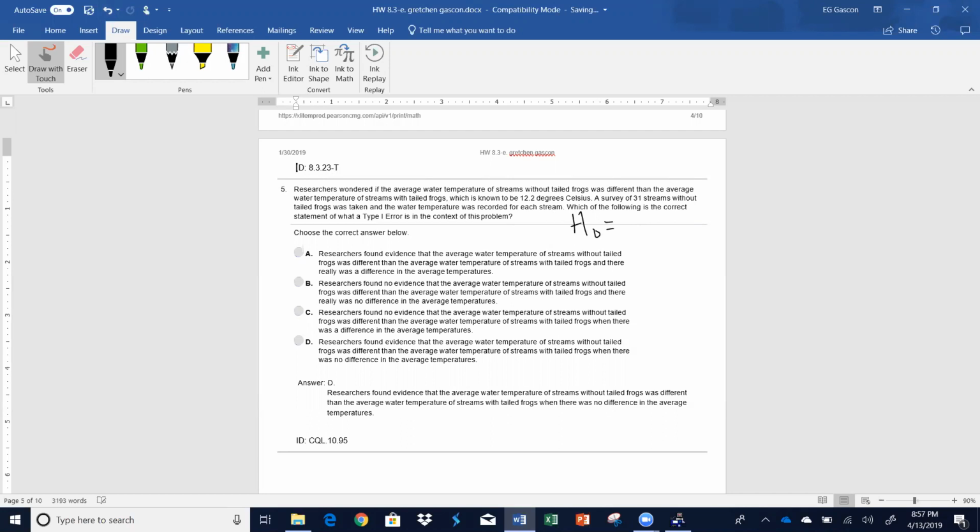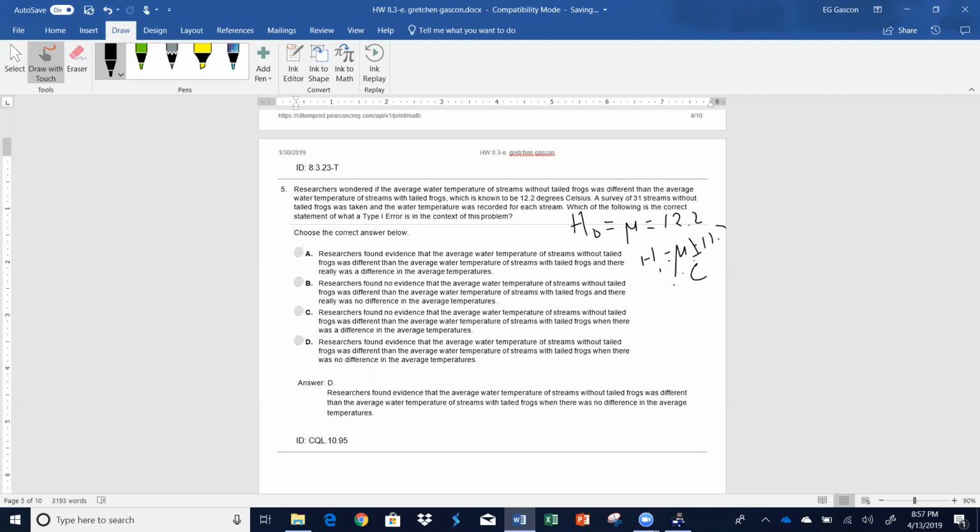is that the temperature of the stream is 12.2. H1 is that it is different from 12.2. Now, the claim is that it's different. So what we're saying is they found evidence for H1, but it's really true that H0 is true.